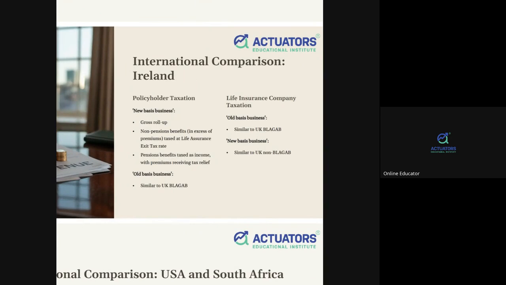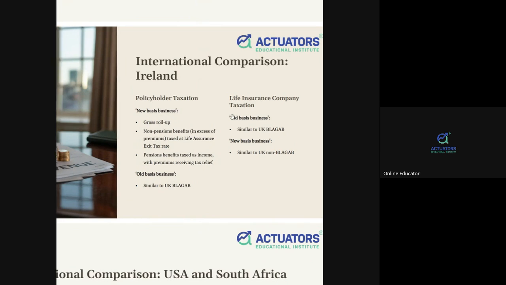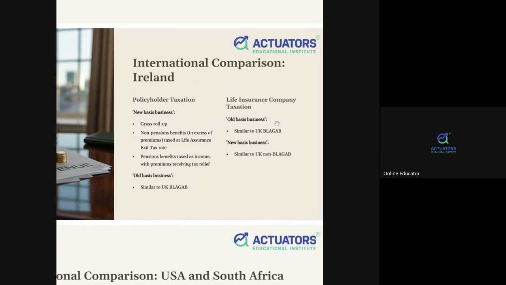Instead of calling it BLAGAB and non-BLAGAB, they've called it old basis business and new basis business. Old basis business is all business written before January 2001 that receives BLAGAB treatment, and all business written on or after 1st January 2001 is taxed on the non-BLAGAB basis. So trading profit for all business after 2001 and I minus E basis for all business written before 2001.